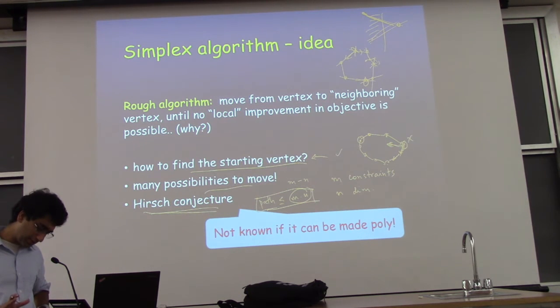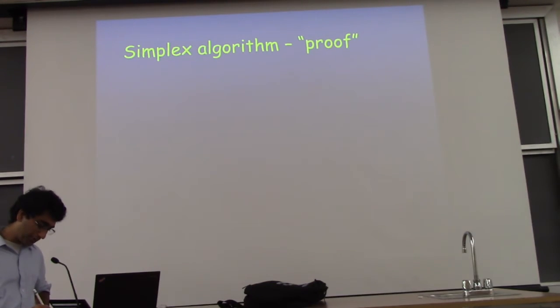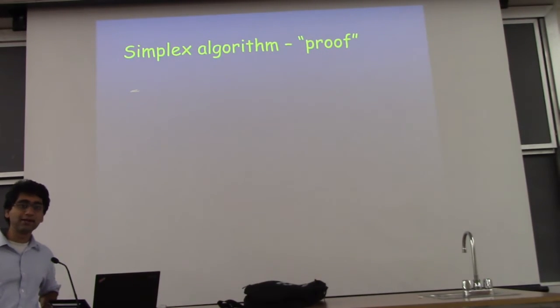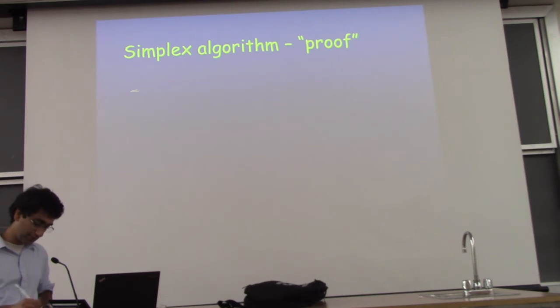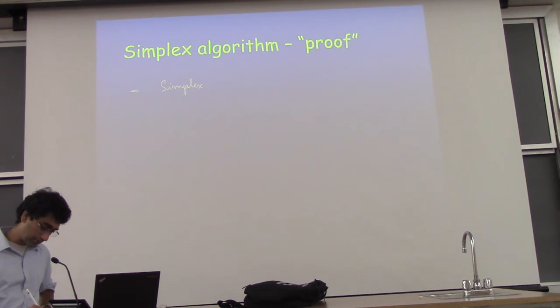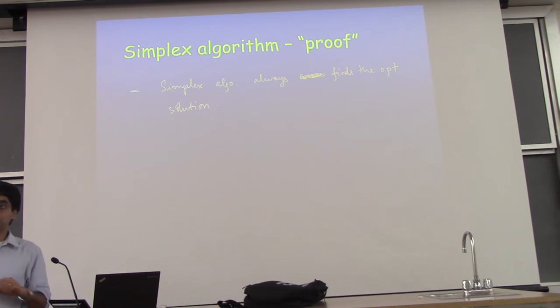Yeah, so I was going to prove this one thing. I won't prove it, but I'll just write down the statement, so that it's clear for everyone. That the simplex algorithm always finds the optimum solution, right?